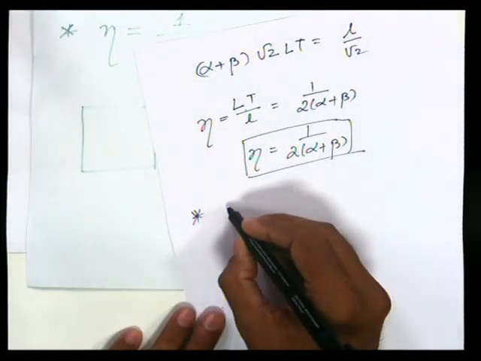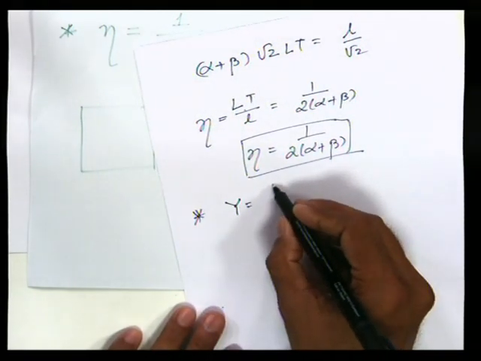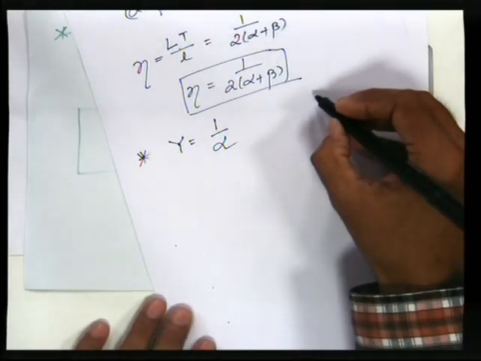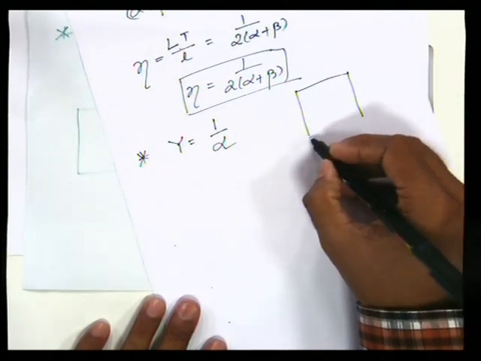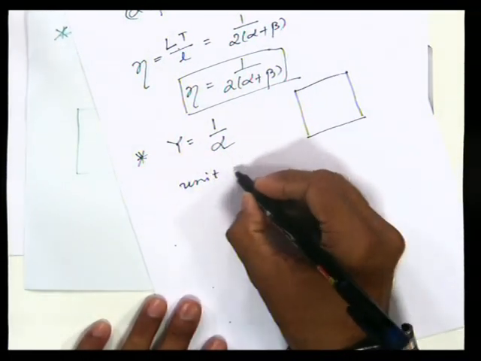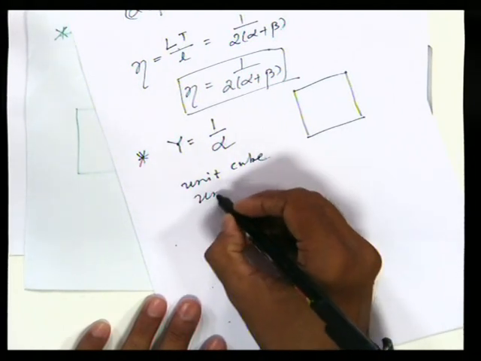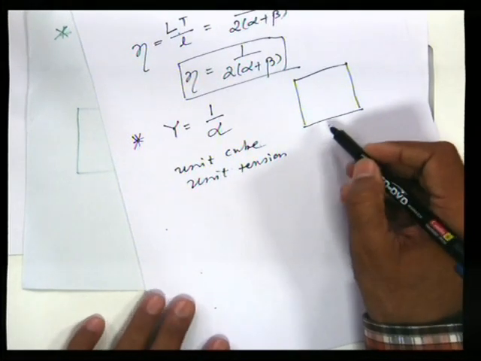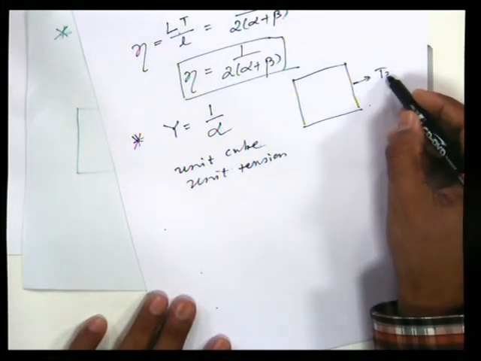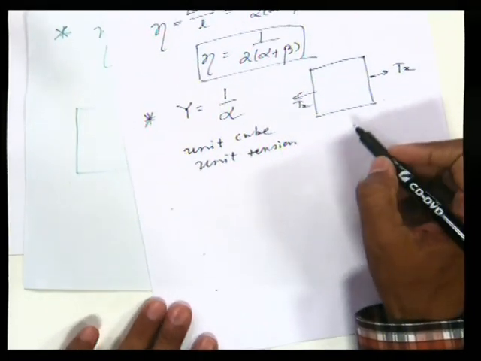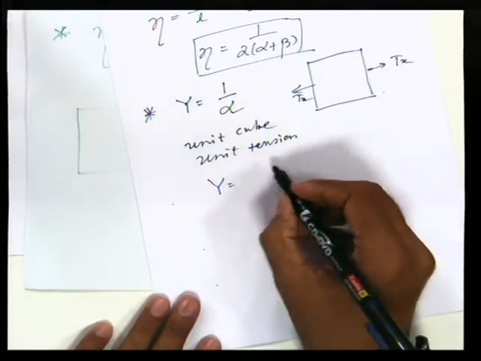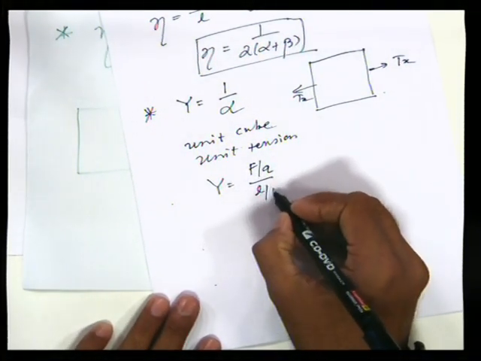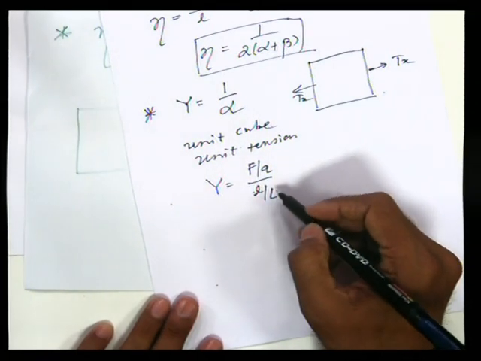Third relation we can obtain is Young's modulus equal to 1 upon alpha. If we consider a unit cube and unit tension applied to any one of the lengths, for example in the x direction, then Y is equal to F, force per unit area, divided by small l by capital L, increase in length divided by original length.